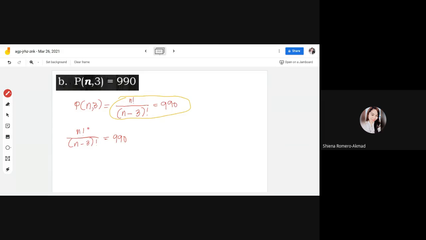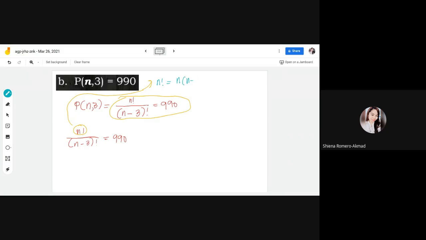So, anong gagawin natin dyan? Remember, si n factorial can be expressed this way. Diba? Pwede natin siya express ng ganito. N factorial, kung naaalala niyo yung definition ng factorial, equals n times, ano nga yun?